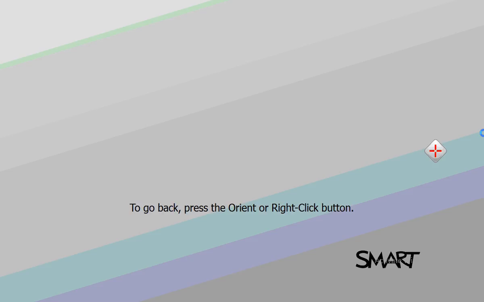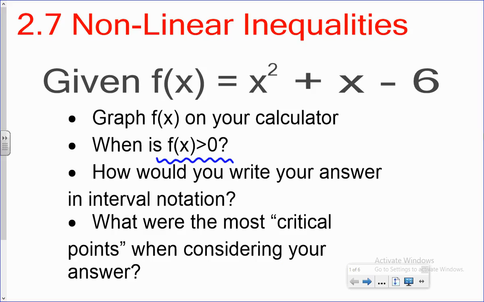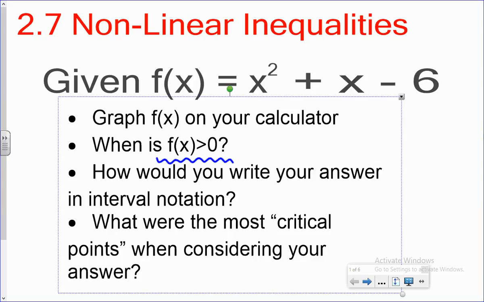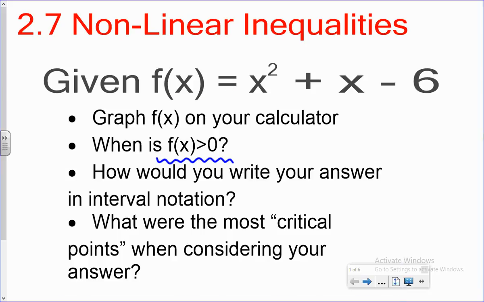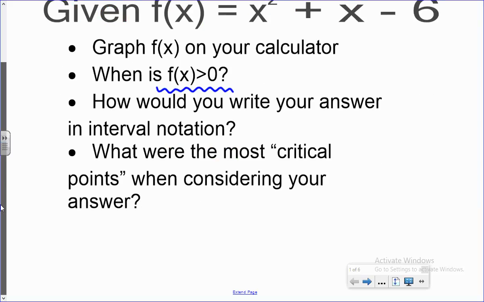Where it crosses the x-axis is where it's going to be greater than 0. So negative infinity to negative 3 is all above the x-axis, and then from 2 to infinity is above the x-axis. So you'd say negative infinity to negative 3, and then 2 to infinity.